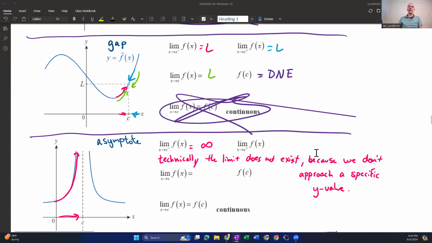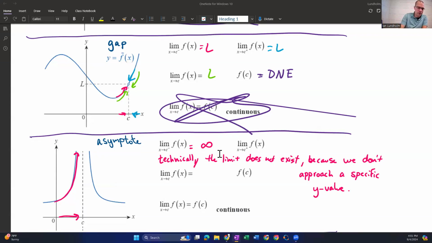But we still write the limit from the left equals infinity because that's a more descriptive way of writing what's happening there. It's saying that these y values continue to grow without bound. So we are going to use this notation. Technically, though, this limit doesn't exist.